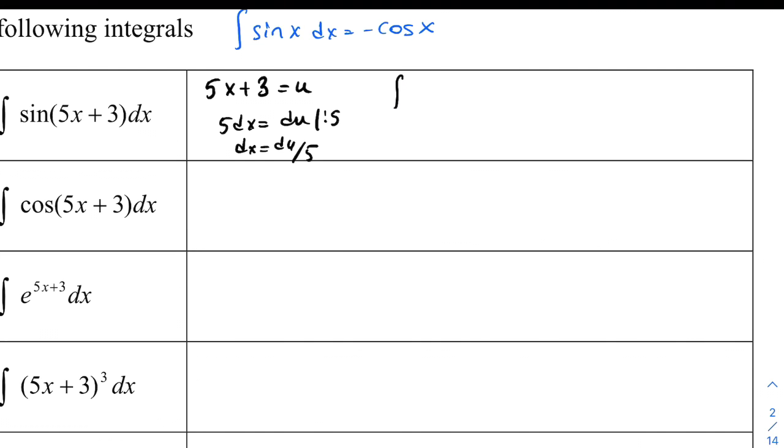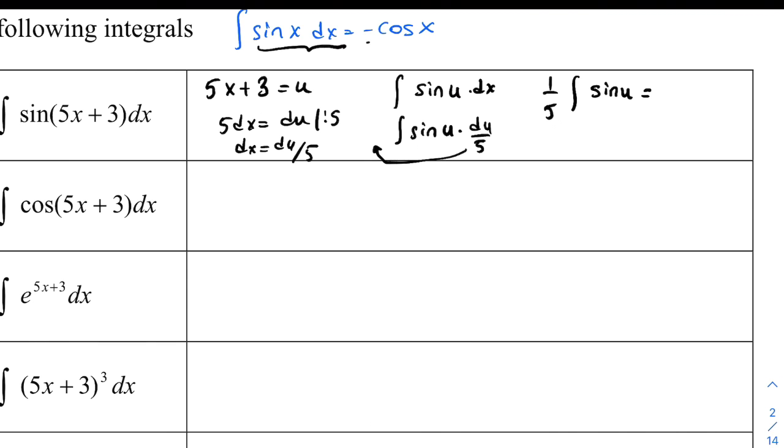Okay, now this question, isn't it sin u dx? Now I know dx is du over 5, right? Bring this 5 in front: 1 over 5 integral of sin u du. Actually, I know this rule, the integral of sin x dx is equal to minus cos x. Then there's no derivative sign anymore: minus cos u.